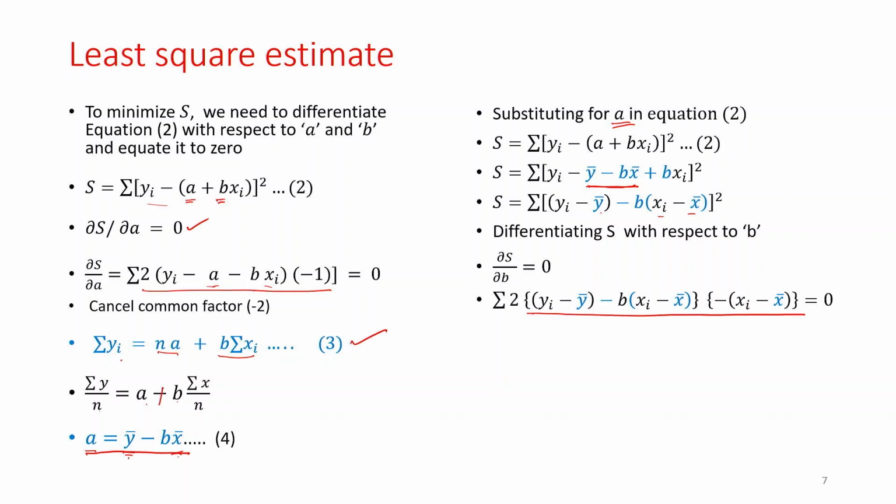You do the differentiation carefully, use your pen or pencil and paper, and you see the differentiations. If I do this, from there we can write again that b is going to be sigma yi minus y bar into xi minus x bar, divided by sigma xi minus x bar whole square. It is just a simplification from here.